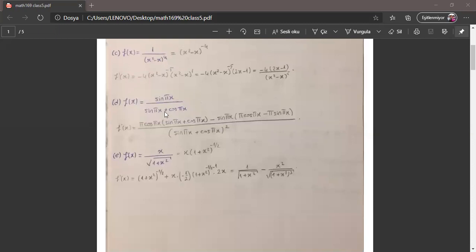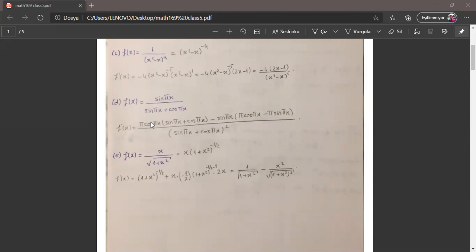We do similar things. We have quotient. We will apply that rule. Don't forget that. But inside we have some complex functions. That's why you need to be careful while taking derivatives.